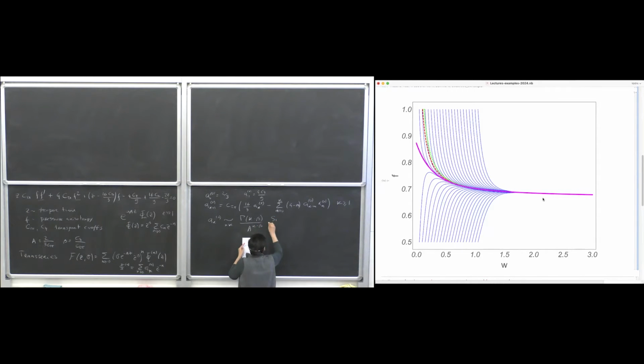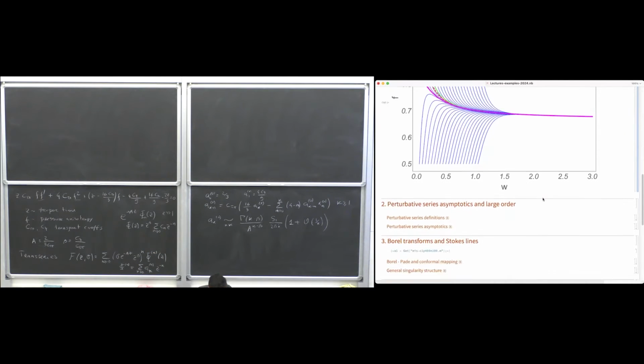Then there's going to be some constant, and there'll be a behavior like this. So first thing to do, generate data. Plot K plus 1 divided by K, AK plus 1 divided by AK.